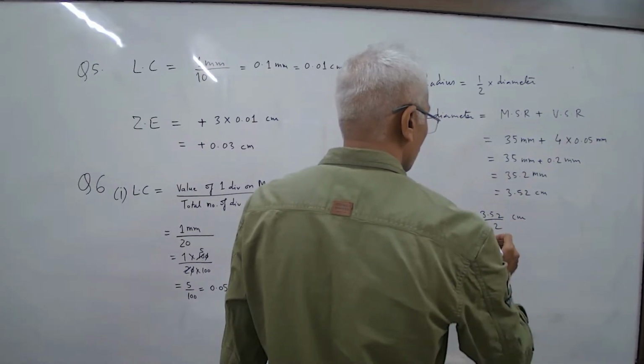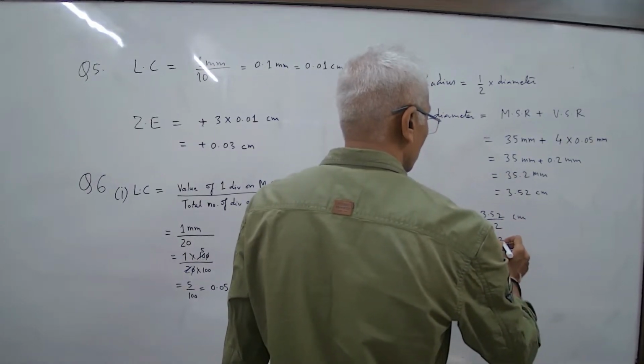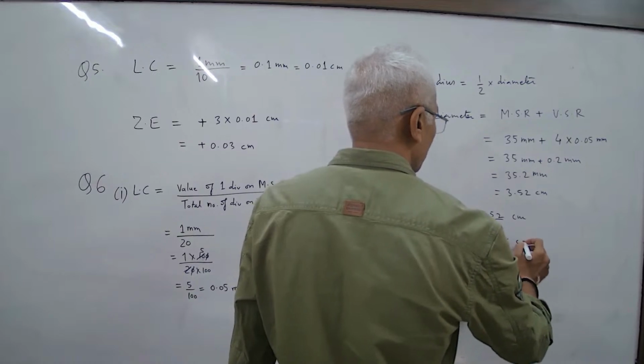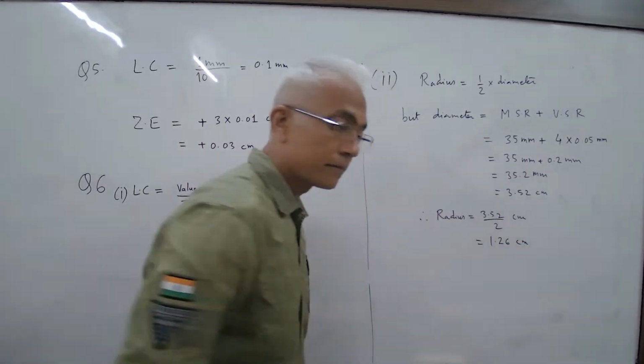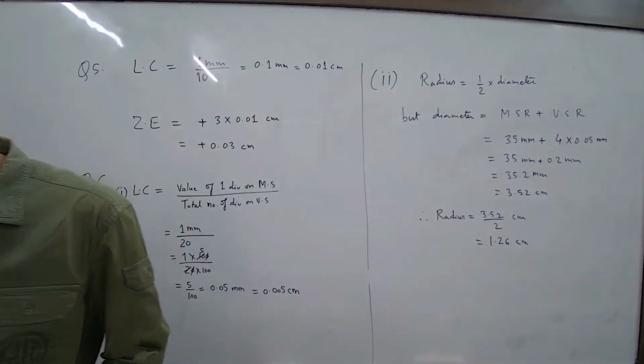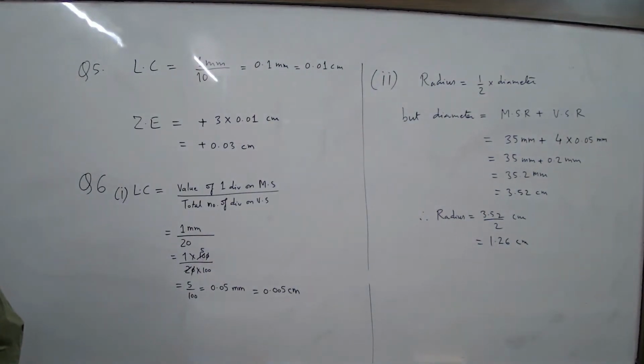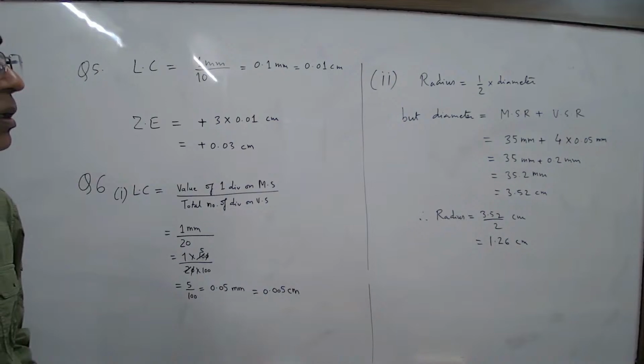how much is this? 1.26 centimeter. Is that correct? Something wrong. 1.76 it is. Why it is? 4 into 0.05 is not 0, it's 0.2 millimeters.